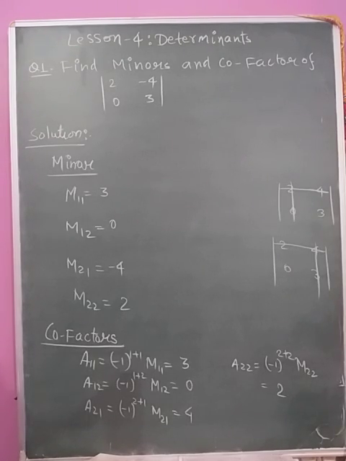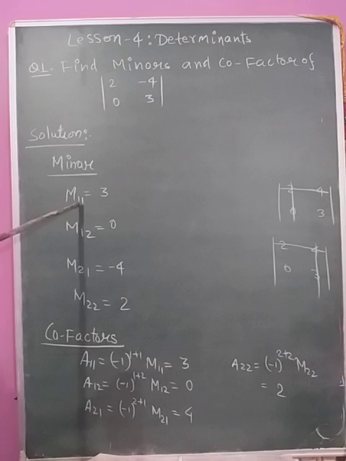Now question number 1, find minors and cofactor of determinant given 2 minus 4 0 3. So first we find minors. First is M11. So for minor we delete their corresponding row and column.